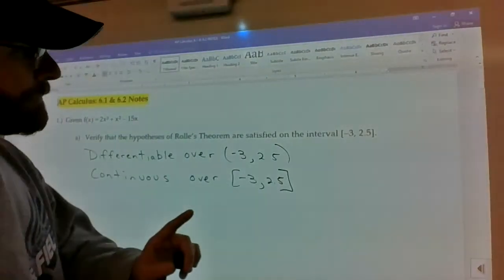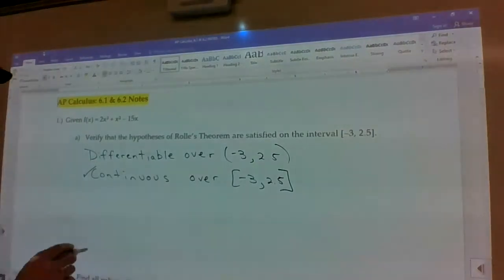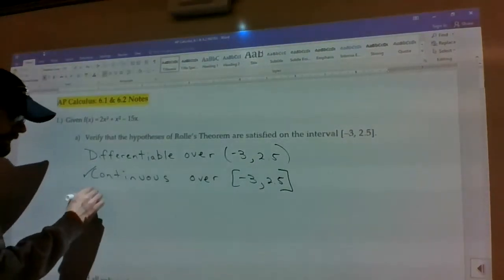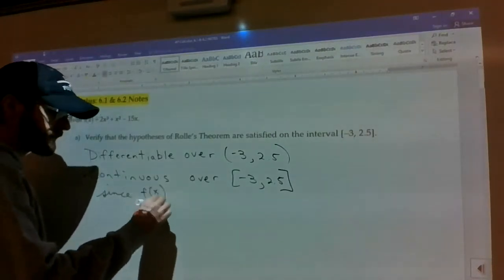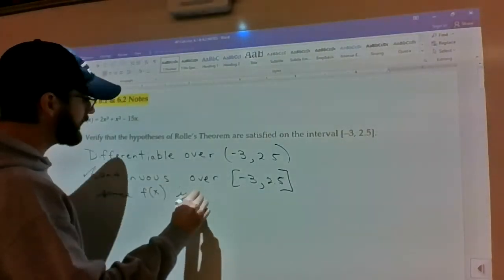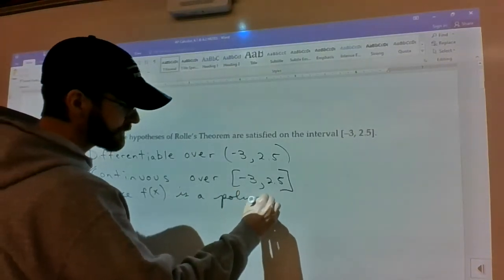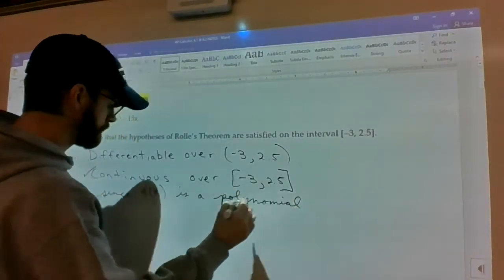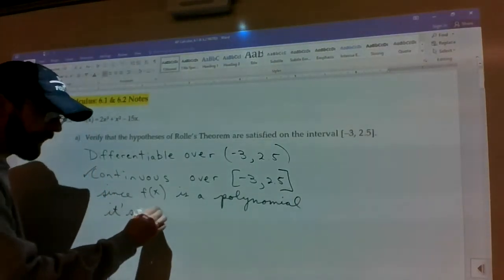Now, right off the bat, we can say that it is continuous, since f of x is a polynomial, it's a continuous function. So we can take care of continuity right off the bat.